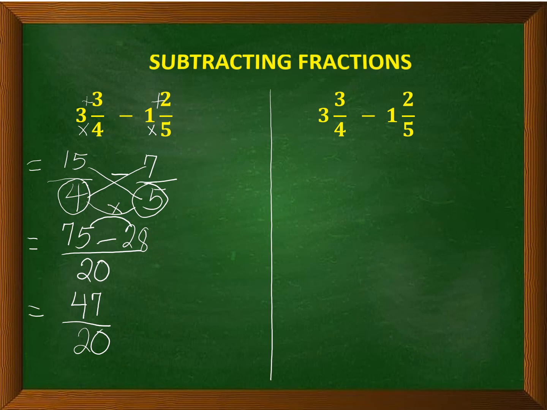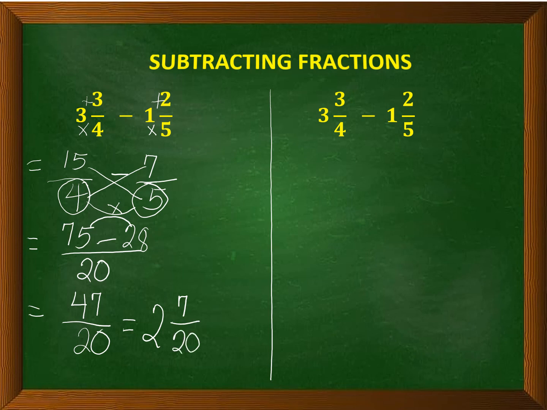You're right. This is not our final answer. We need to change this to mixed numbers because it's an improper fraction. So how many 20s are there in 47? That's right. There are 2. And with a remainder of 7, then let's copy the denominator 20.